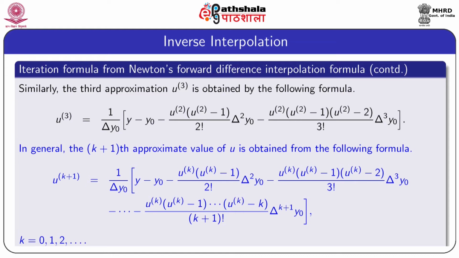And note that all the values of k plus 1 iteration depend on the value of u of kth iteration or the kth approximate value. And for this expression, the values of k are 0, 1, 2 and so on.